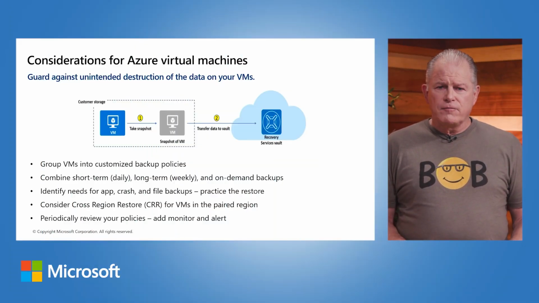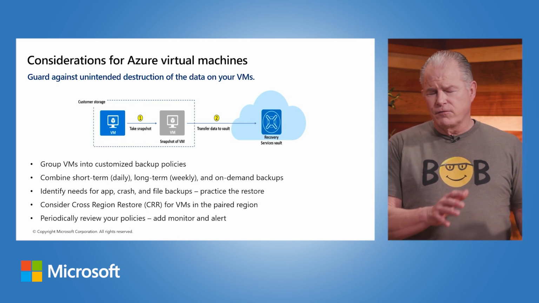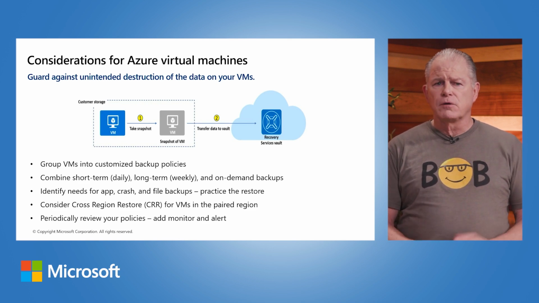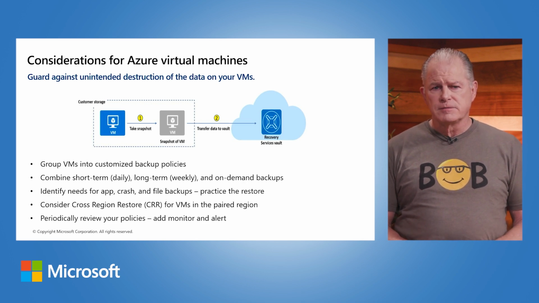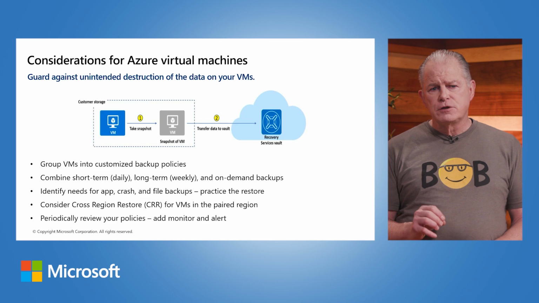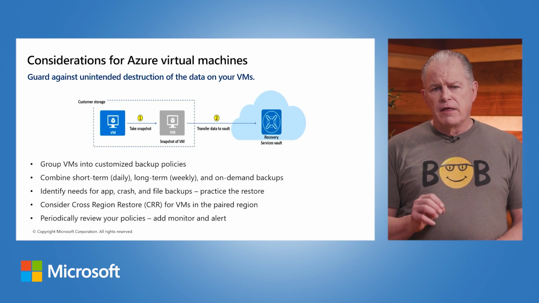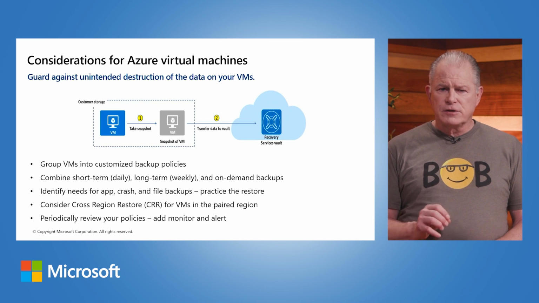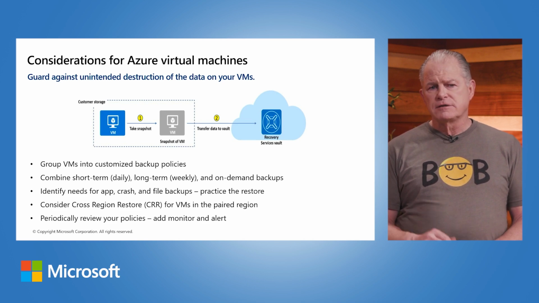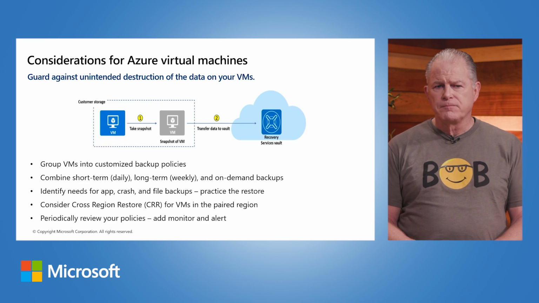Similar to other backup features that we've looked at separate from file shares and blob storage, there are some specific considerations you want to have around the virtual machines themselves. I want to introduce two specific terms, crash consistent and app consistent backups. You'll see that as the third bullet point on the slide.